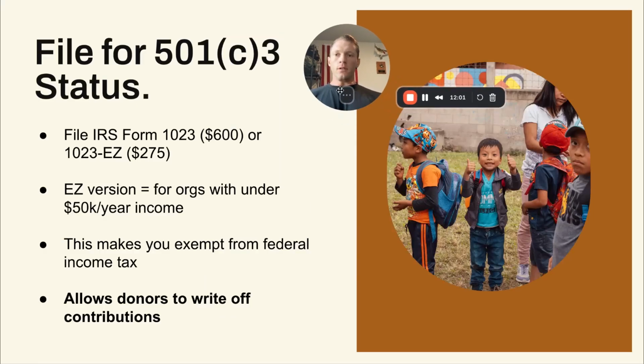So file for your 501c3 status. You'll do your IRS form, 1023 EZ. It'll cost $275, just part of operating. This makes you exempt from federal income tax. So this is really good for, let's say, you're helping a local community with building, or maybe rehabbing a property for a family to improve their living conditions, whatever it is.